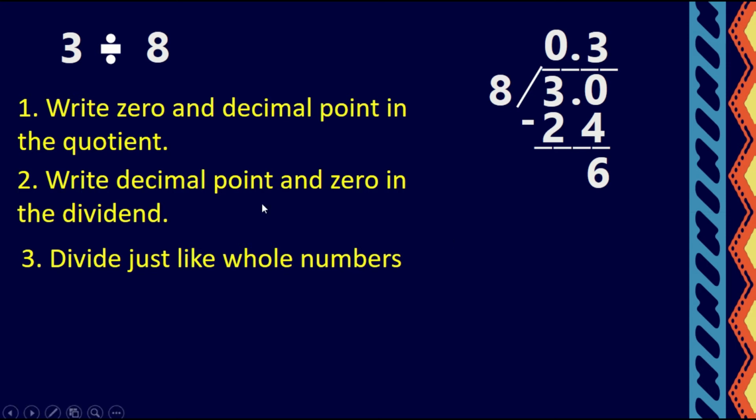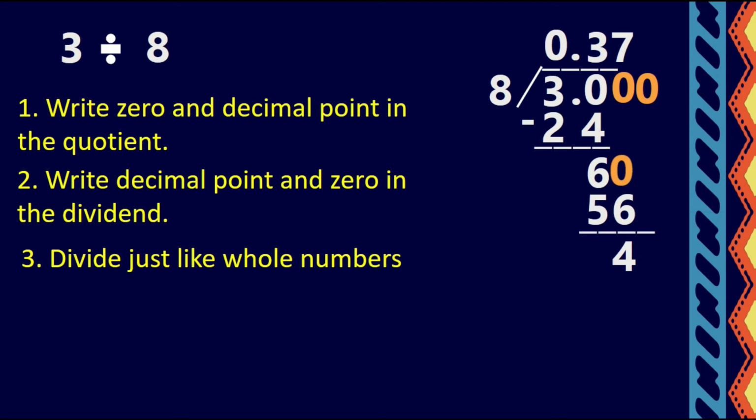Since we don't have a 0 here, you're going to add 0 and bring it down. 60 divided by 8, we have 7. 7 times 8, we have 56. You're going to subtract 60 minus 56, we have 4.